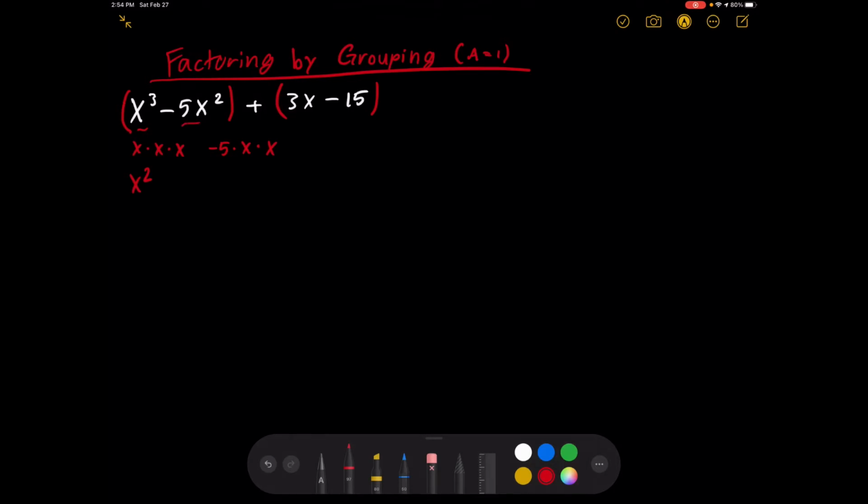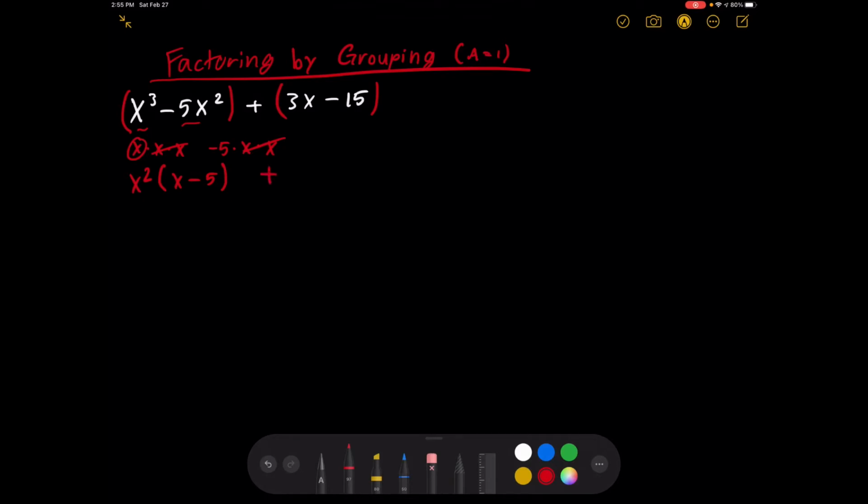Once we do that, it's going to be on the outside of the parentheses. We just remove it from where it was before. So what's left after we remove it? Well, it's just an x on this side, and on this side, it's a minus 5. That's all you need to do to simplify the left side.